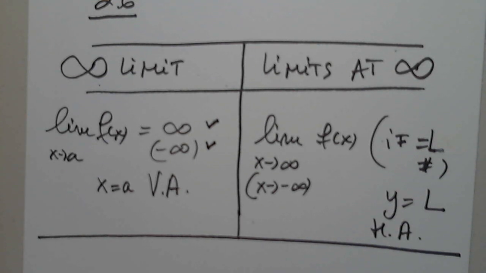So limits at infinity, horizontal asymptotes. We're not going to do the precise definition, or epsilon delta, except just for linear functions. So let's look at a couple of graphs first. Okay. So here's a graph.